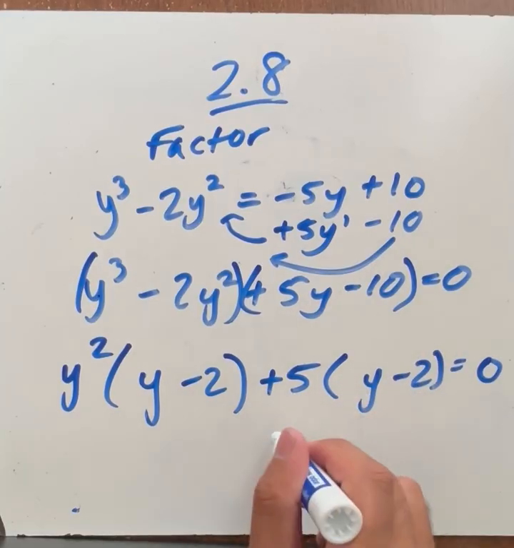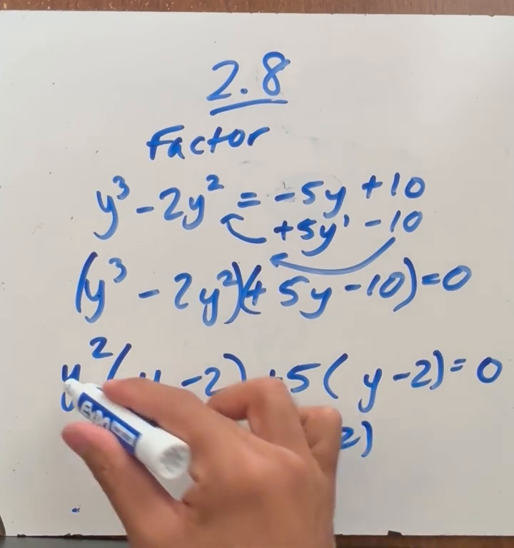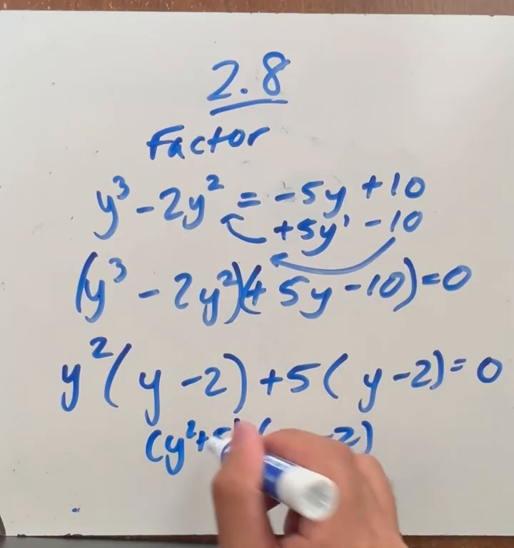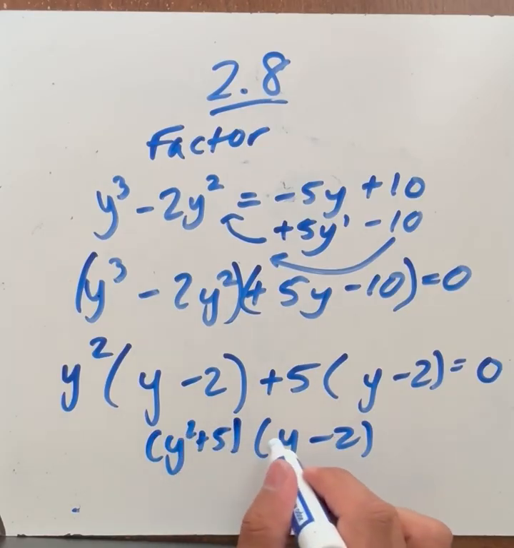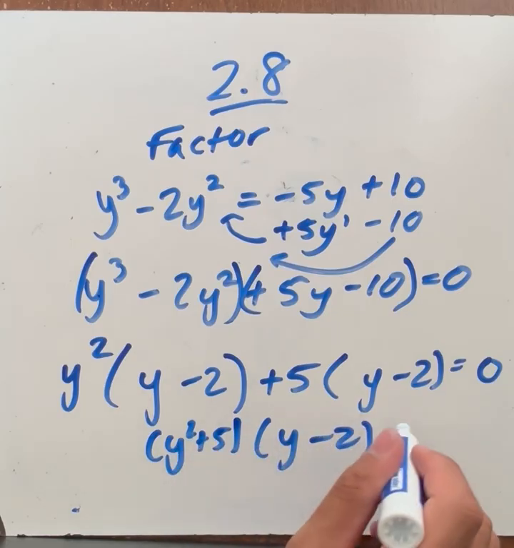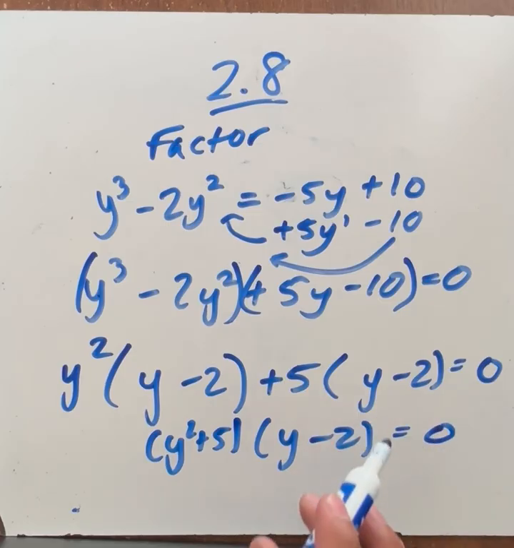We see that there's same stuff inside of the parentheses, y minus 2. And then the stuff on the outside of the parentheses in front, we can set into another parentheses. And our answer would say y to the 2 plus 5 times y minus 2. You could set this equal to 0, and you could solve two equations, and we'll go from there.